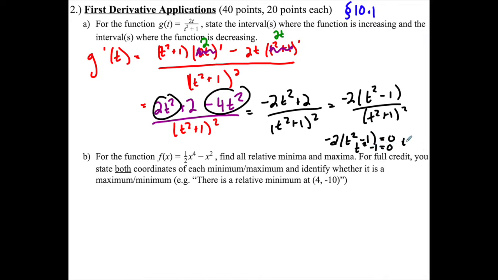And so that either means t is 1 or t is negative 1. And so now we set up our sign diagram, but also, am I missing something? No. Okay. So as far as I know, we're in pretty good shape.